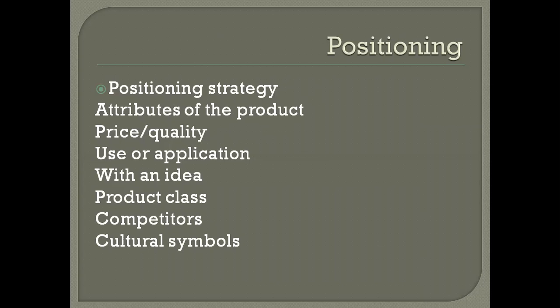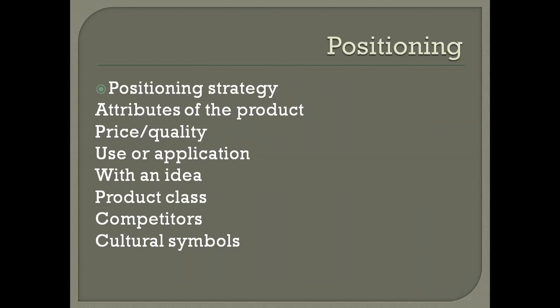Then we have competitor strategy, like competitor positioning, where you position your product taking into consideration the positioning of the competitor. As a result, companies often end up competing on prices. A tough position you have to create for your product, and it is about carving out a spot in the competitive landscape.